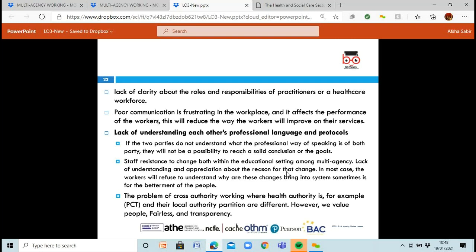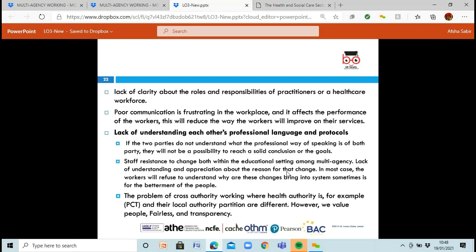Other issues within this are that sometimes staff members are not happy with changes being made. So you could have been working in a care home for 10 odd years, and then somebody else comes in and tries to tell you to change your particular ways, or somebody who's much younger than you, and you might think, oh, they think they're better than me. And you're not going to be happy about being undermined and saying, why have they come in? I'm not going to listen to them.